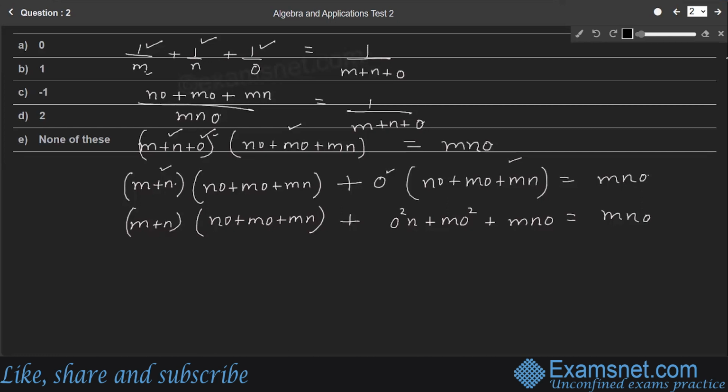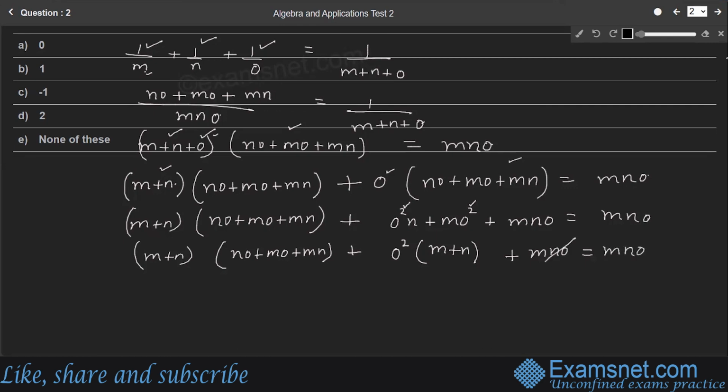So here we can take o² as common, right? So (m + n)(no + mo + mn) will be as it is, plus here we'll take out o², and the remaining term is m + n, and the last term will be m into n into o, which is equal to mno.